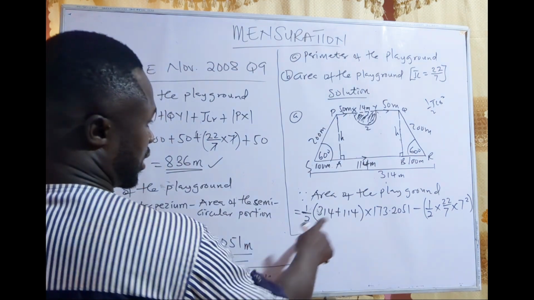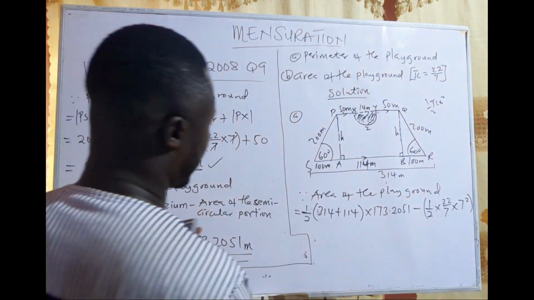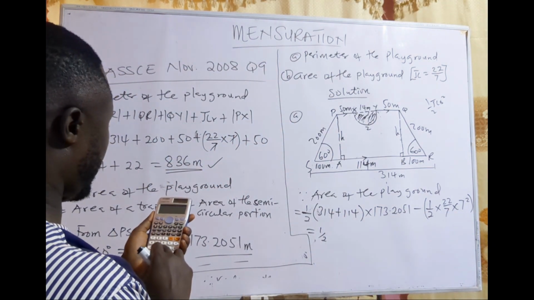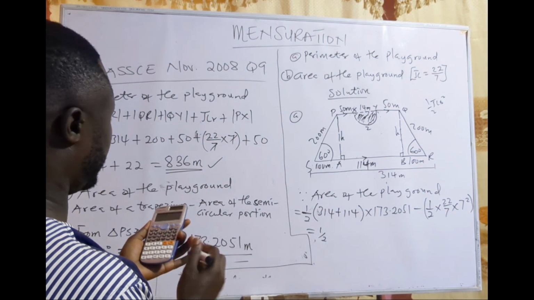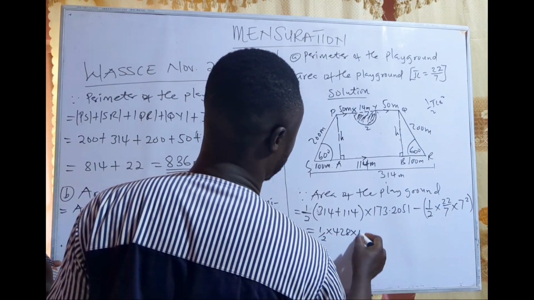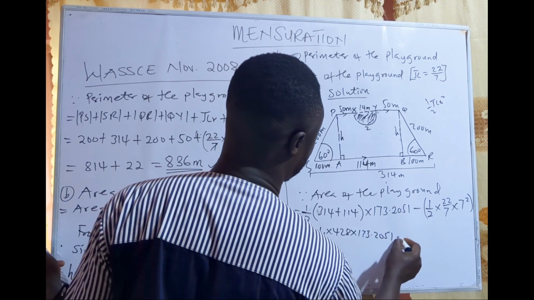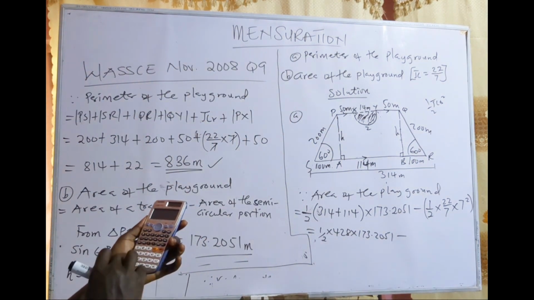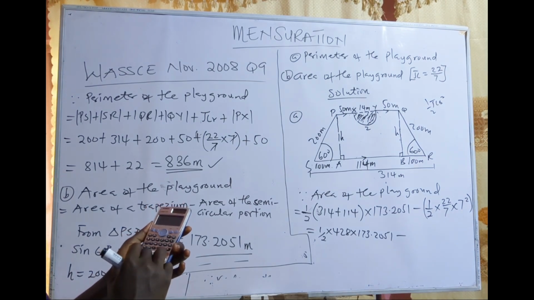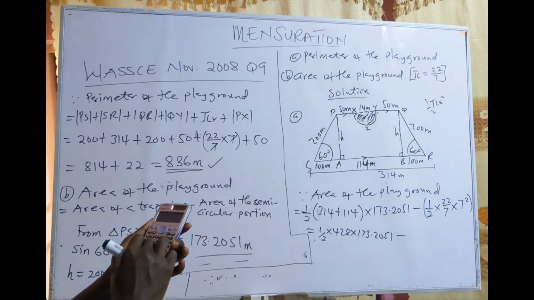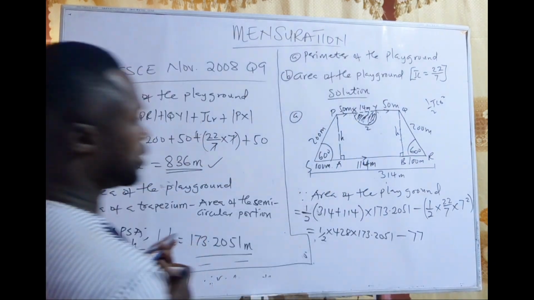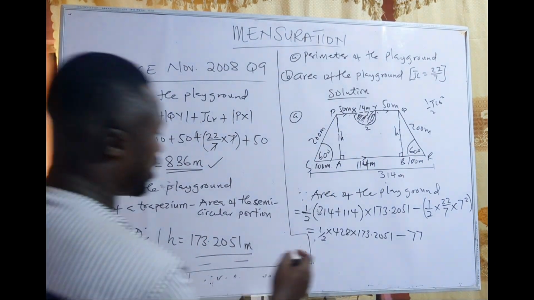So now let's calculate this. Let me add the 314 plus the 114, which gives us 428. So half times 428 times 173.2051 minus half times 22/7 times 7 squared, and that will give us 77. So now let me multiply this.